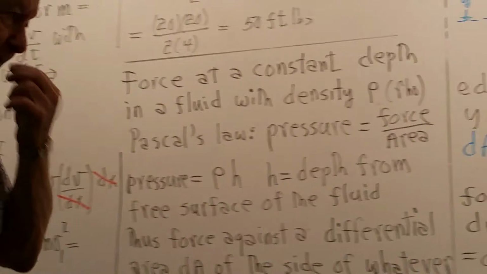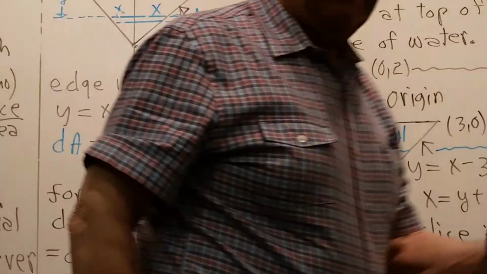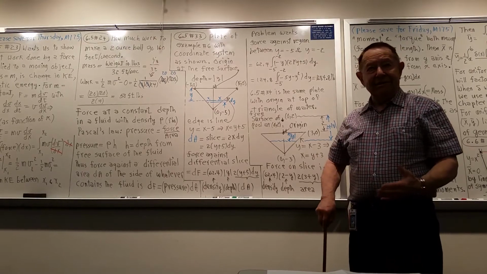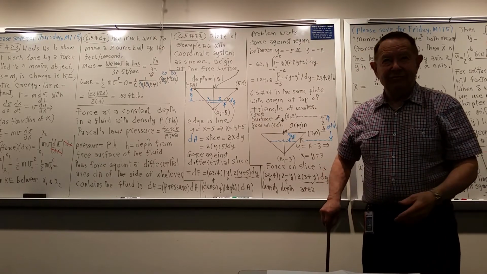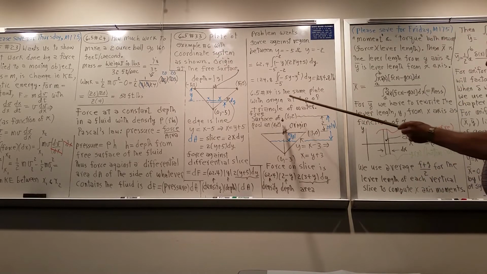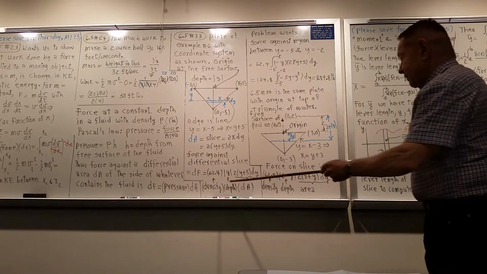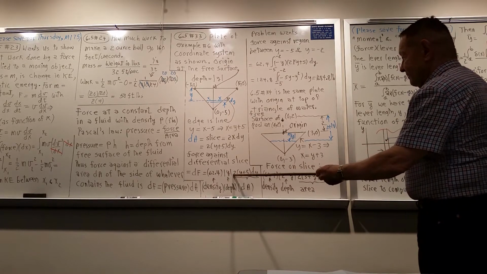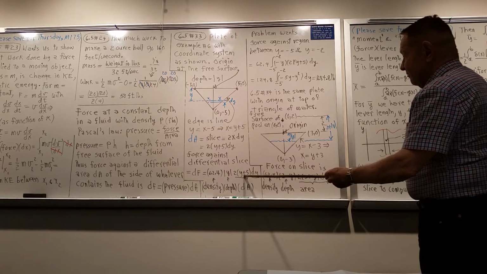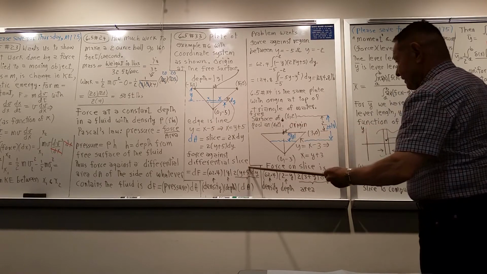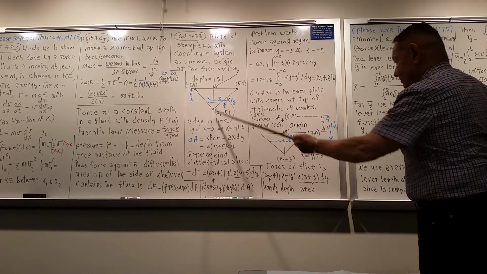If you're measuring in such a way that y is negative as you go down, then you're going to need the absolute value for your lift. So we have the absolute value for our depth, then 2 times y plus 5 is the 2x, the length this way, and the dy is the width that way.